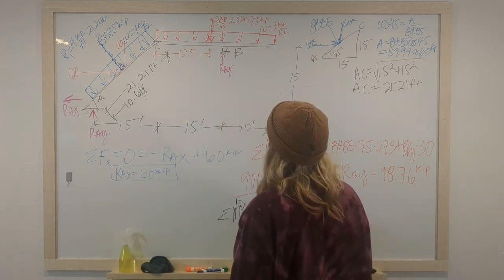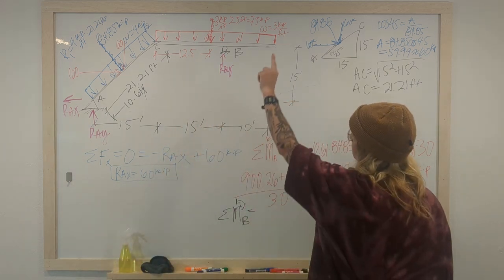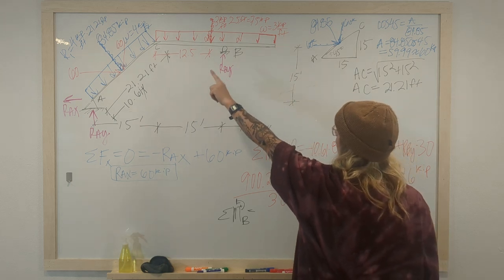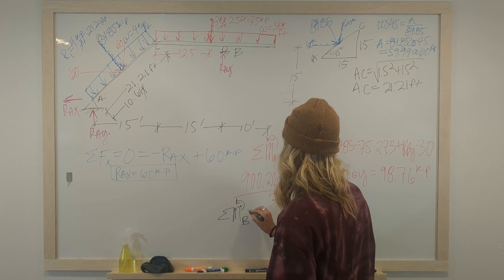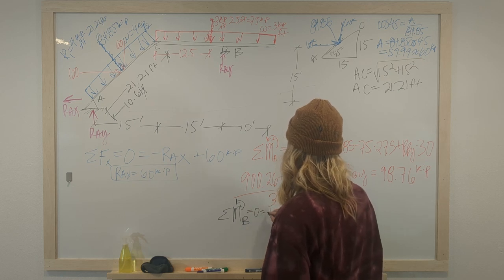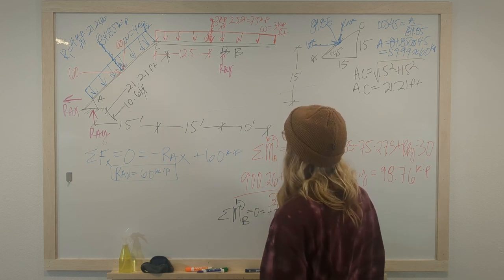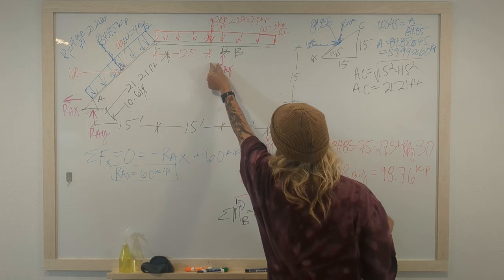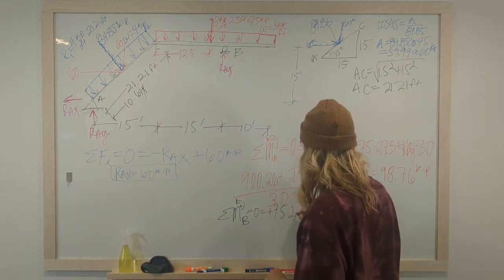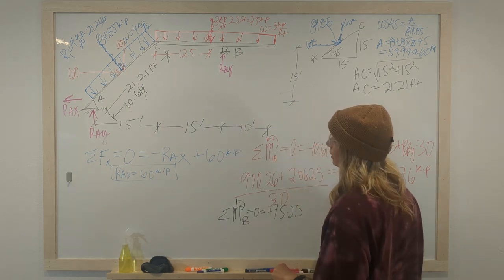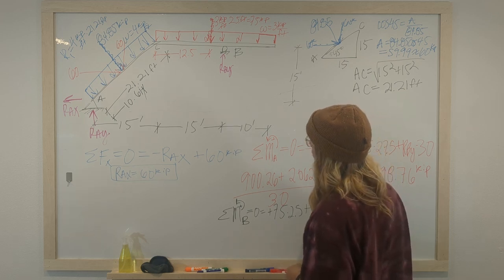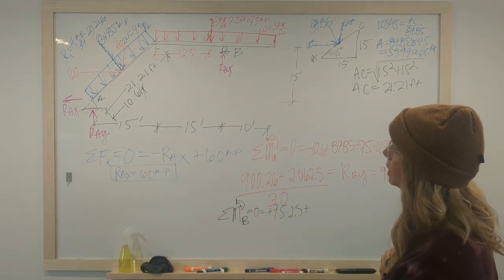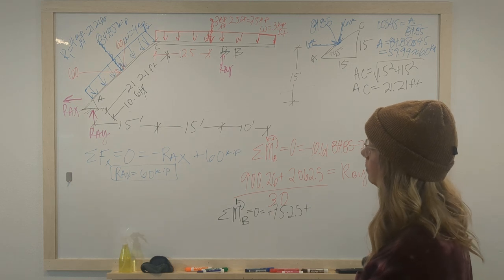Again, counterclockwise is positive. If we're rotating about B, this is going to be positive, so we have 0 equals positive 75 times, well, what is this distance right here? It's 2.5. Then we have positive, and this is where you would need to break it up.